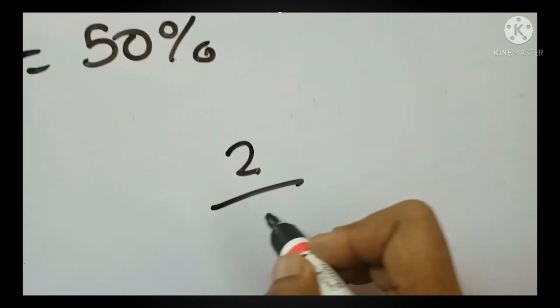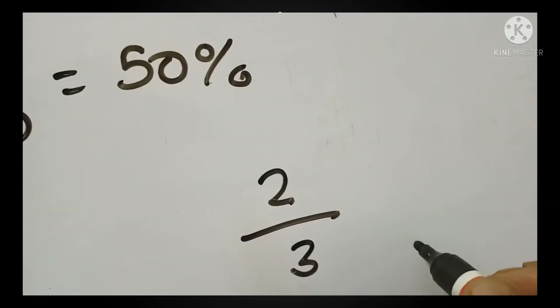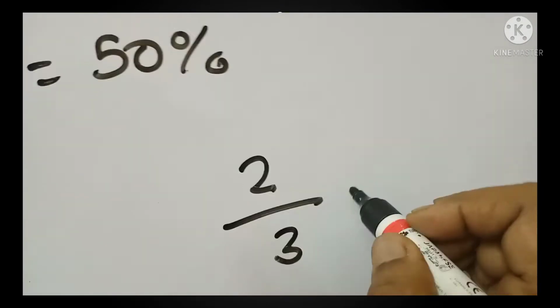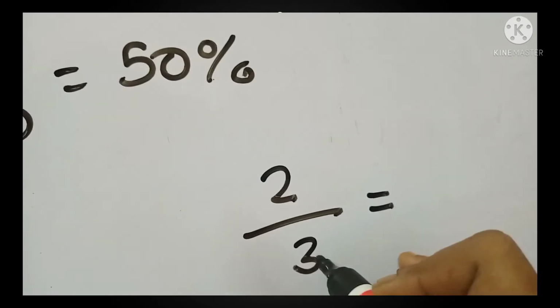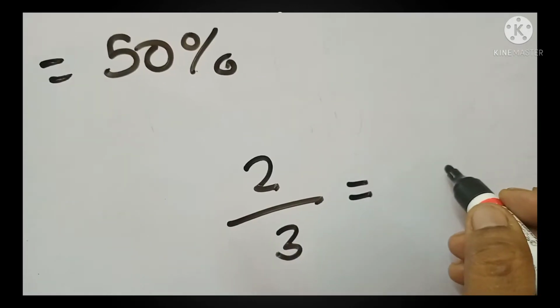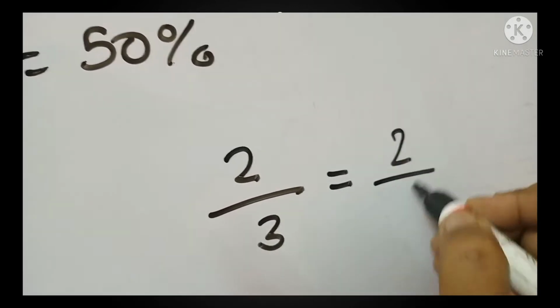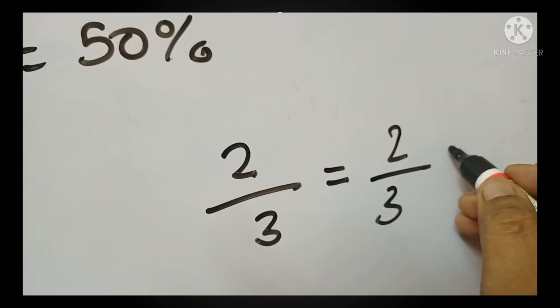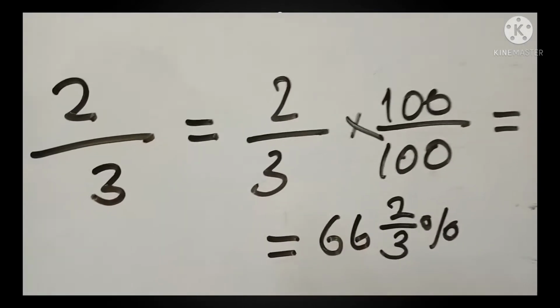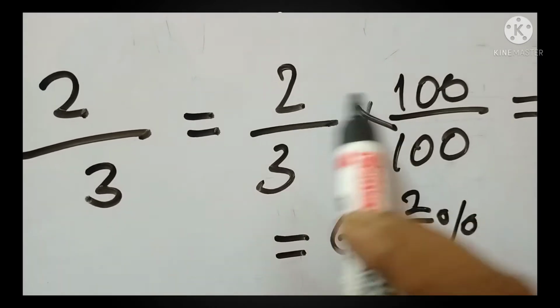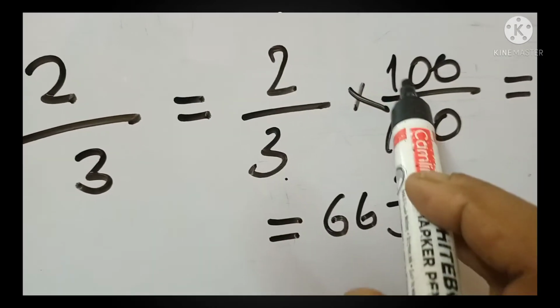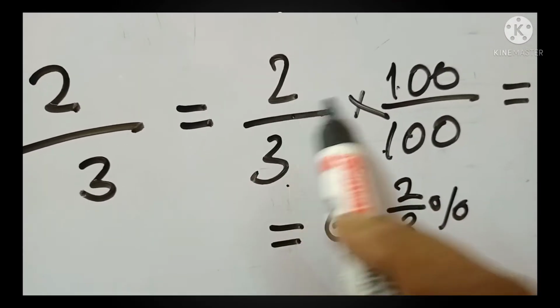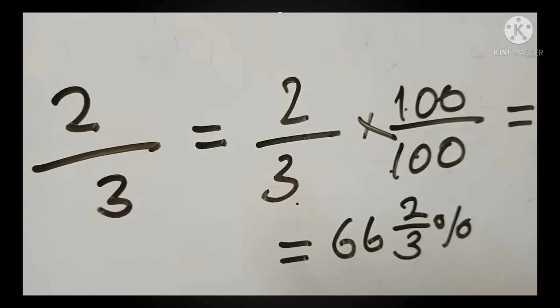The next one, 2 is to 3, that is 2 by 3. How can we convert it into percentage? Here we write 2 by 3 into 100. We can multiply 2 by 3 with 100 by 100, that means 2 into 100 and 3 into 100.